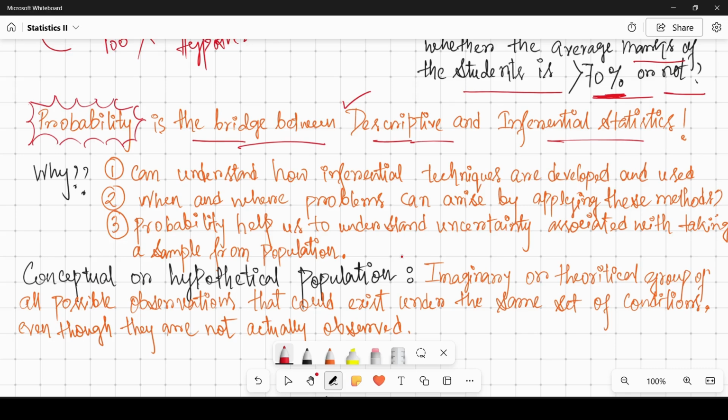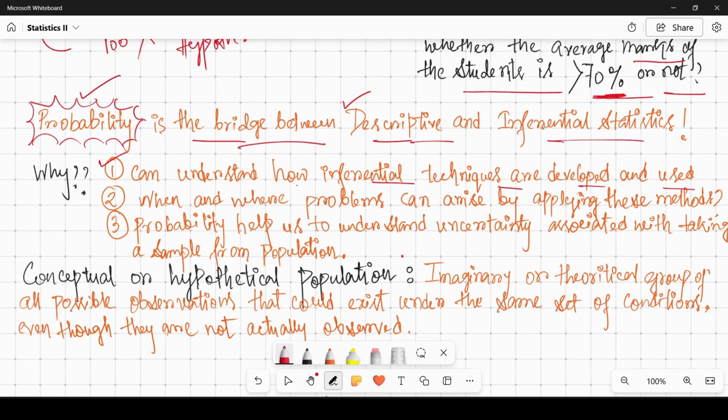So we can conclude that statistics is used to extract inferences from the population, where the probability theories and concepts of probability are actually implemented. So why is it important? Because it is used so that we can understand how inferential techniques are developed and used.